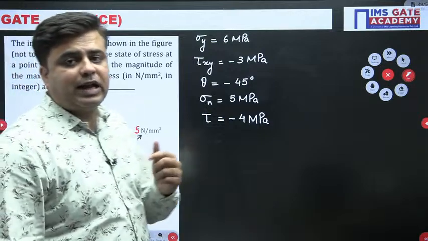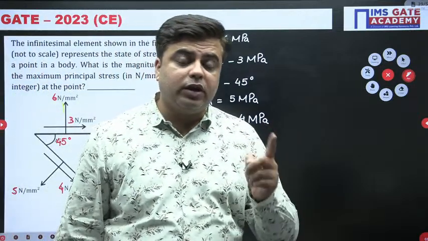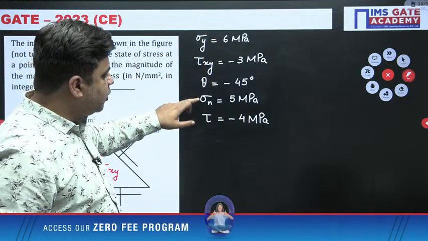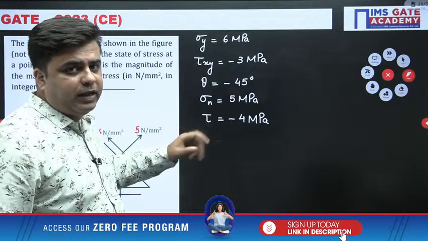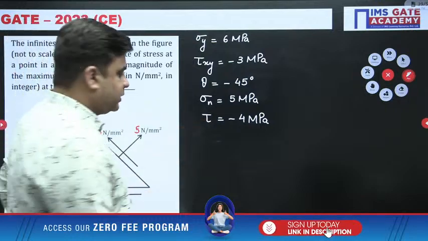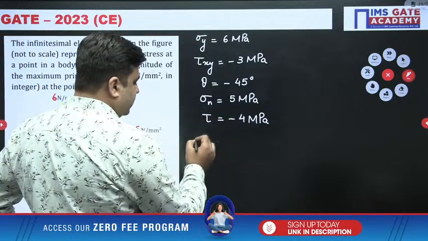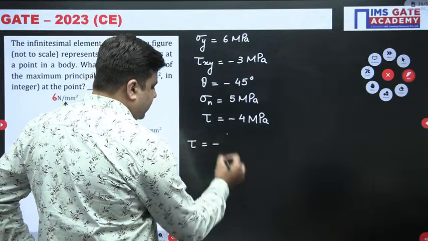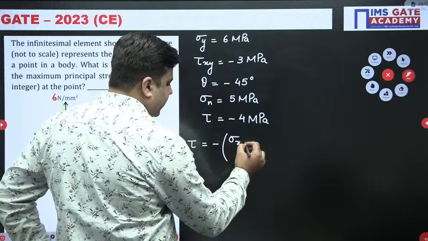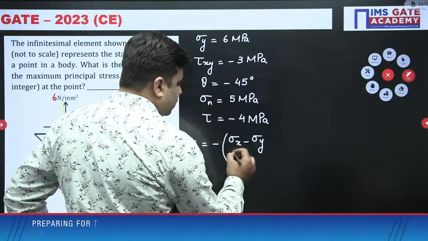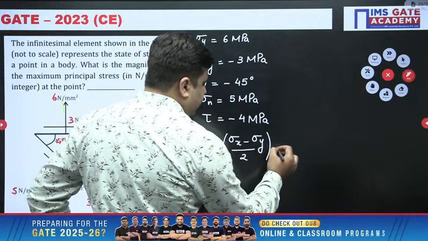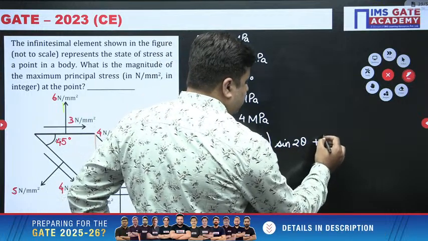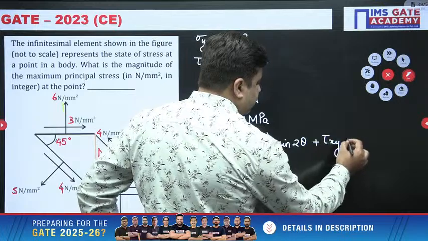For calculating maximum principal stress, you require the value of sigma x. So either you can use the expression of normal stress or shear stress on the oblique plane to calculate sigma x. I will go with this. Shear stress on the oblique plane is minus of sigma x minus sigma y by 2 into sine 2 theta plus tau xy cos 2 theta.